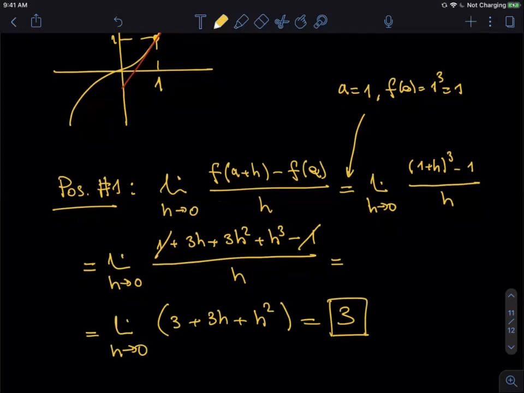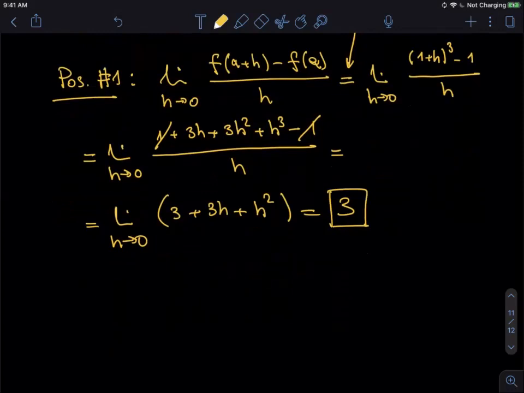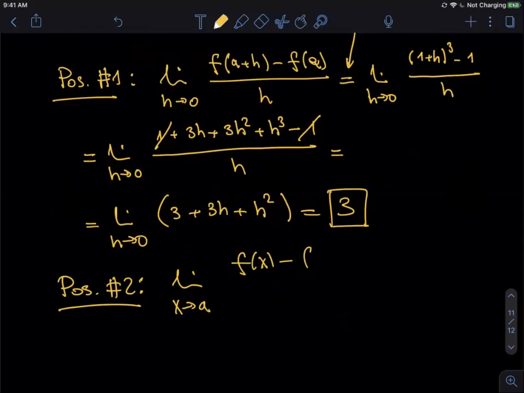Okay, let's do the other definition. The possibility number 2. So in this case, x tends to a, f of x minus f of a divided by x minus a.